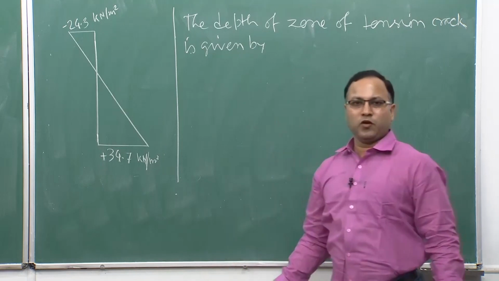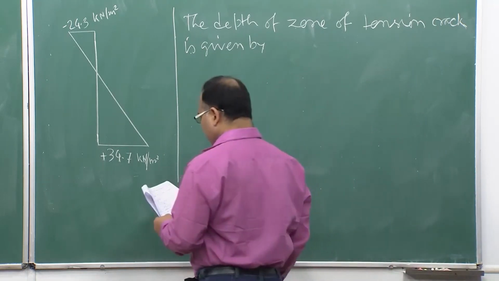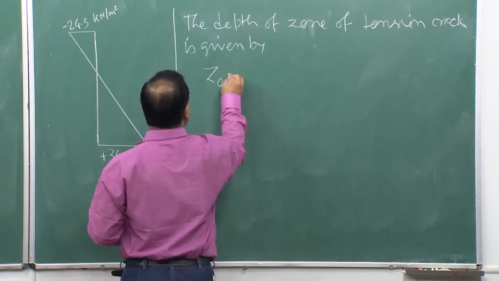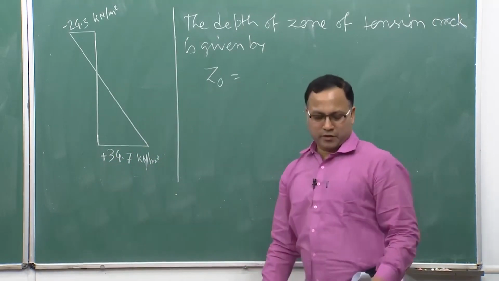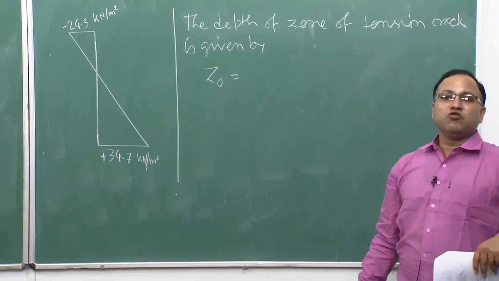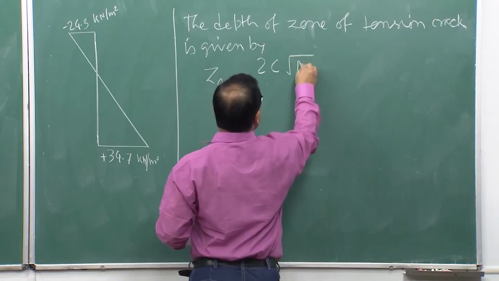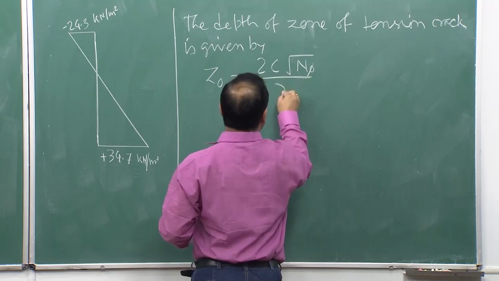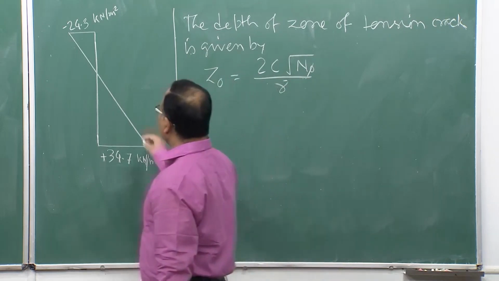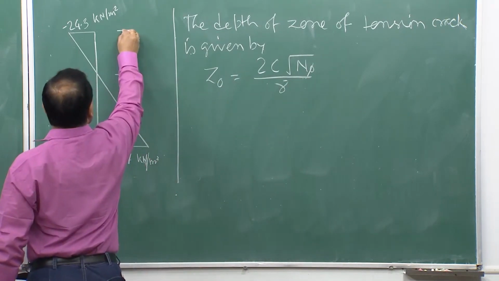So we are not going for graphically. We are just calculating this. Z naught is how much? Do you remember? Z naught is 2C root over n phi by gamma. So, what is Z naught? Z naught is this depth.